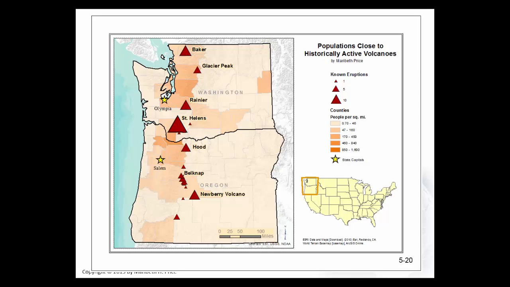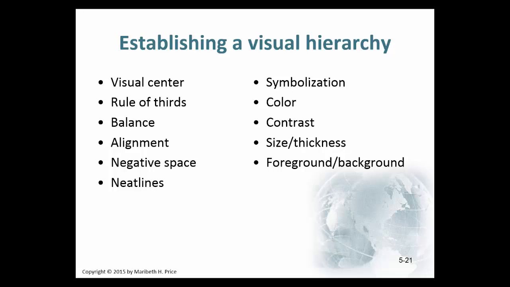Ways to establish visual hierarchy include applying the visual center, rule of thirds, balance, alignment, negative space, neat lines, symbolization, color, contrast, size, thickness, foreground, and background.